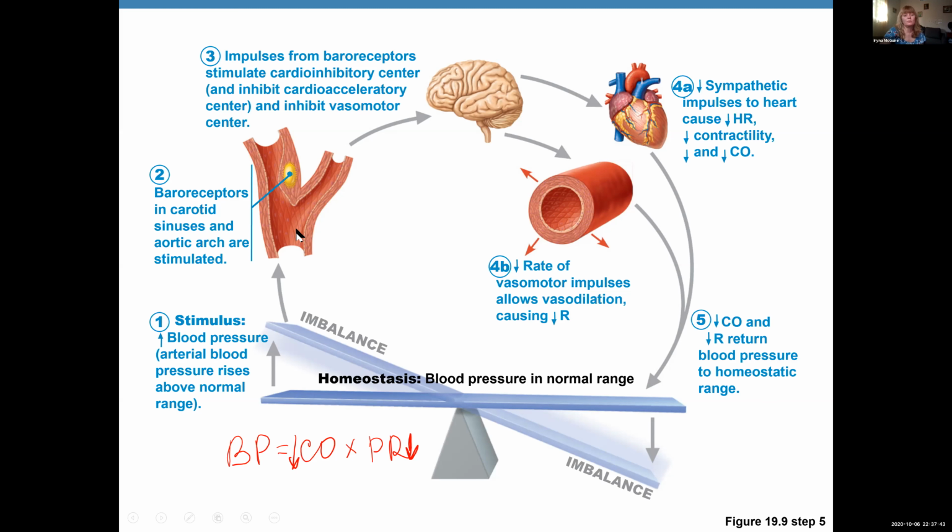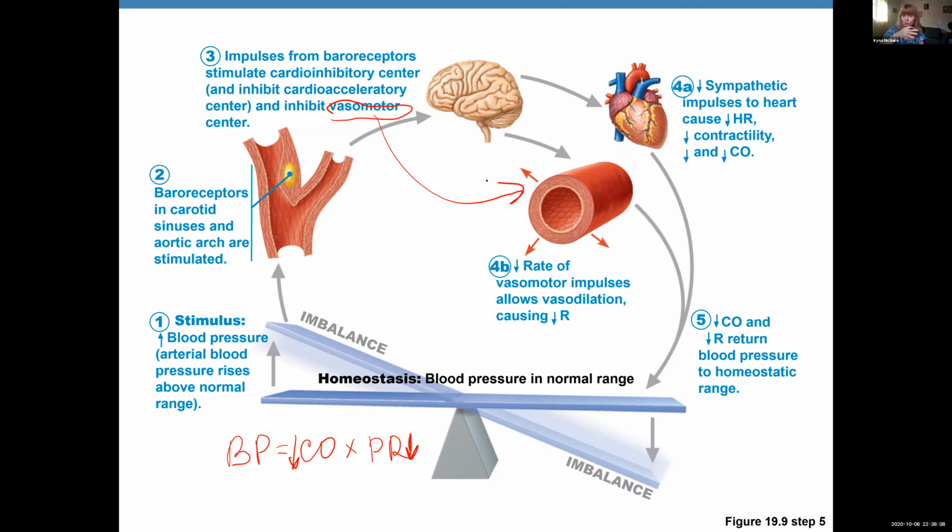Now, okay, so blood pressure goes up, baroreceptors are activated, and they send a signal to the medulla oblongata. Now, what are they going to do? You have three major centers in the medulla: cardio-inhibitory, cardio-acceleratory, and vasomotor. The vasomotor center is the one that affects blood vessels.